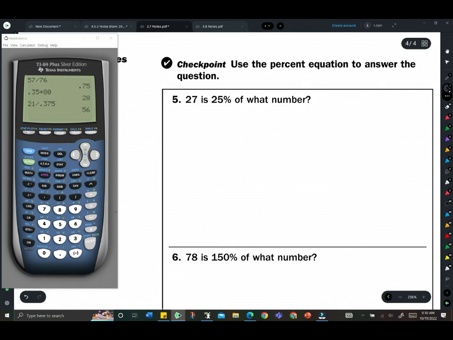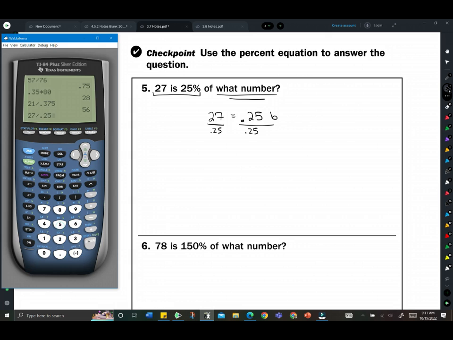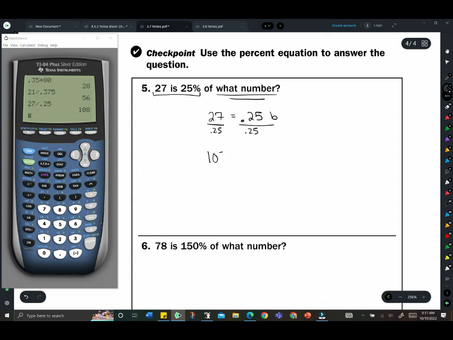Okay, let's try out some checkpoint questions. 27 is 25% of what number? So we set it up. 27 is a part, 0.25, and we are finding the base. So we divide by 0.25. 27 divided by 0.25 gets us 108 as our base. Try out number 6.